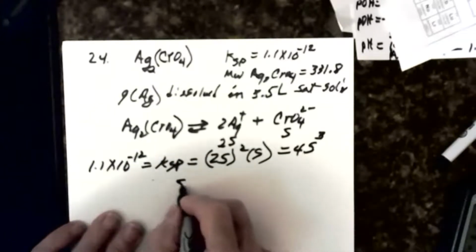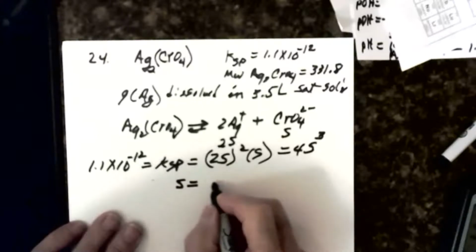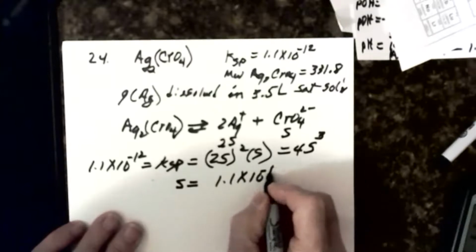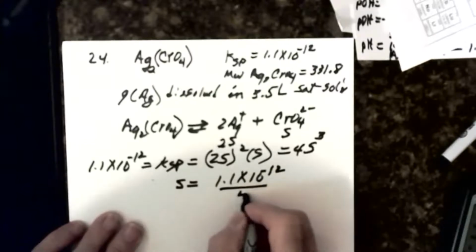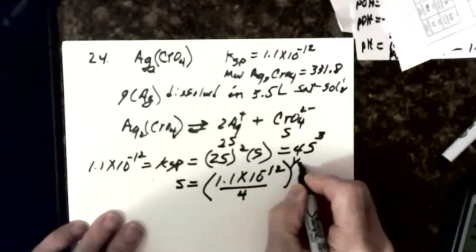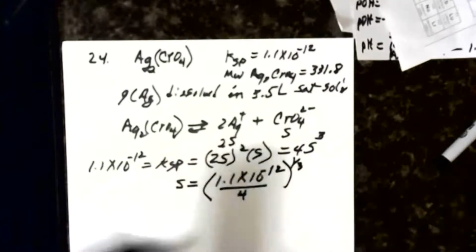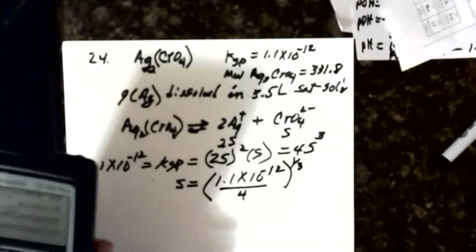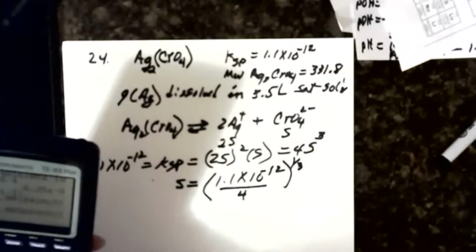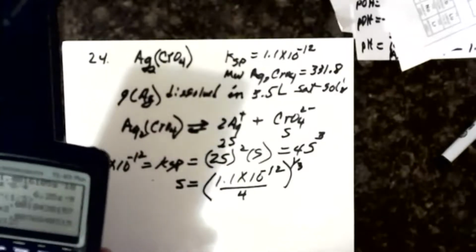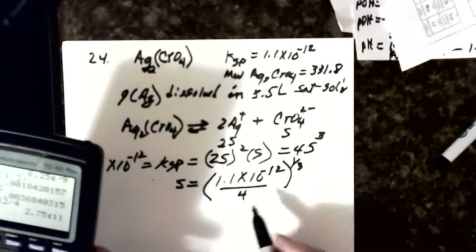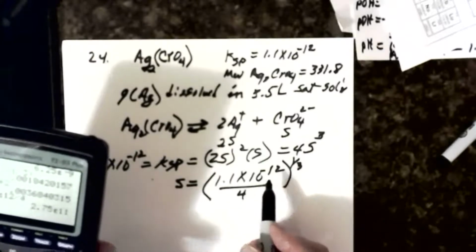So S is going to be 1.1 times 10 to the minus 12 divided by 4, and then take the cube root or raise it to the 1/3 power. So let's do the math. I get 1.1 with an exponent of minus 12, divide that by 4, and I get 2.75 times 10 to the negative 11.